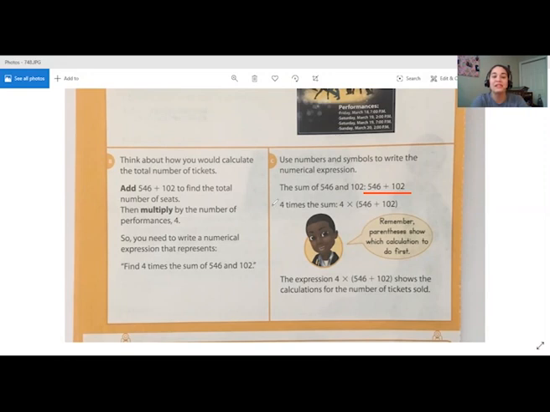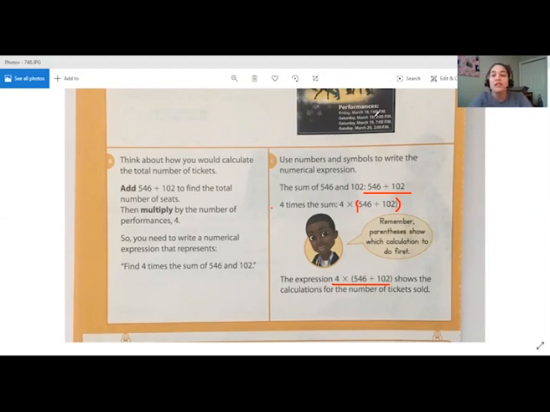If this is our second step, we know we need to do the addition first, that's why they put the parentheses on the outside. Then we'll do the 4 times. So this expression right here shows 4 times the sum of 546 and 102, which shows us the calculations for the total number of tickets sold.